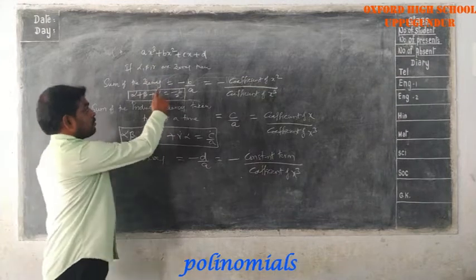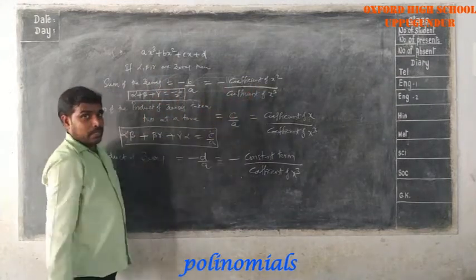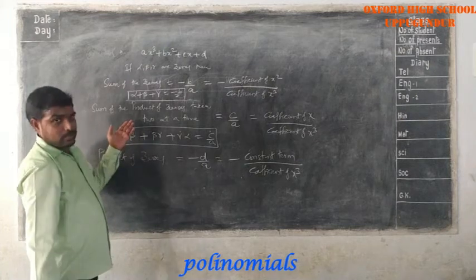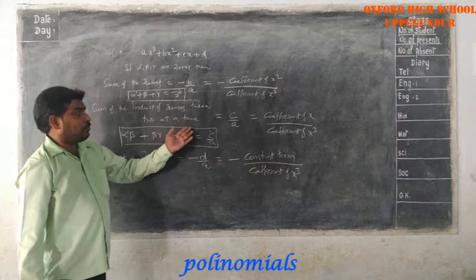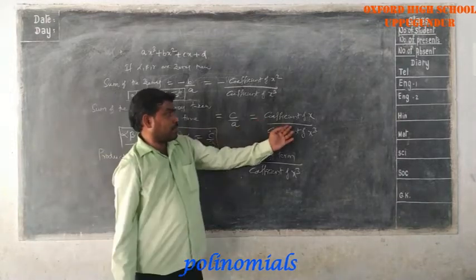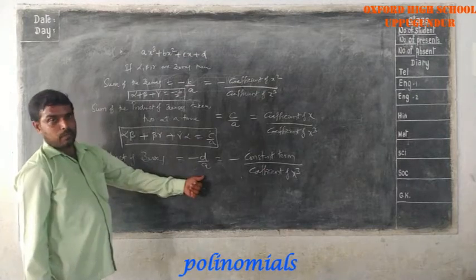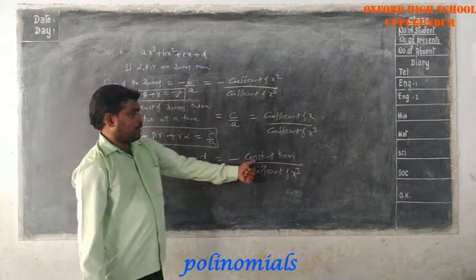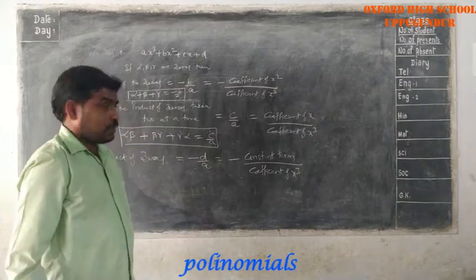That's why the sum of the zeros is minus coefficient of x square by coefficient of x cube. Sum of the product of zeros taken 2 at a time is c by a, that is coefficient of x by coefficient of x cube. Next, product of zeros is minus d by a, that is minus constant term by coefficient of x cube. So you have to learn these formulas.